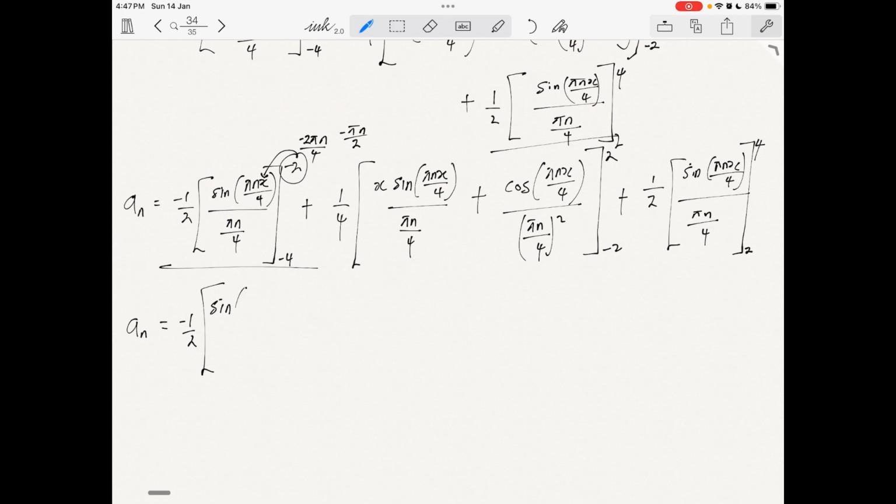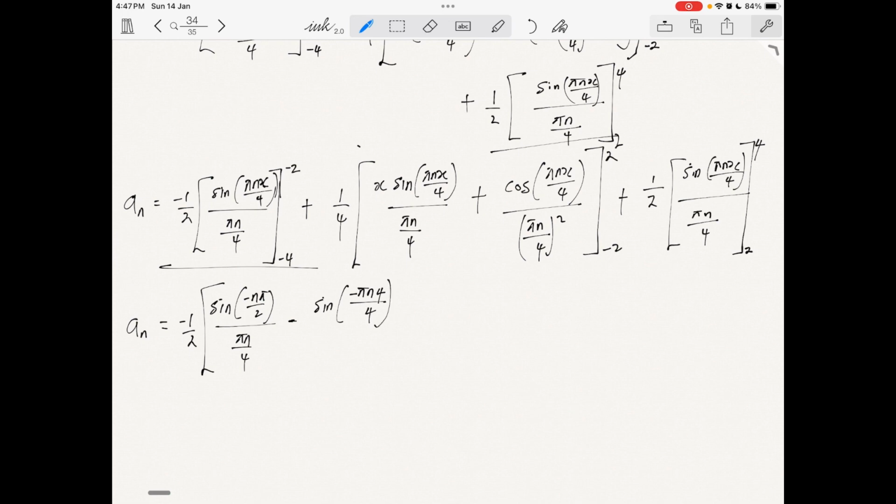So we're having minus nπ over 2 divided by πn over 4. If we slot in πx to be minus 4, we would end up having sine into minus πn 4 over 4.